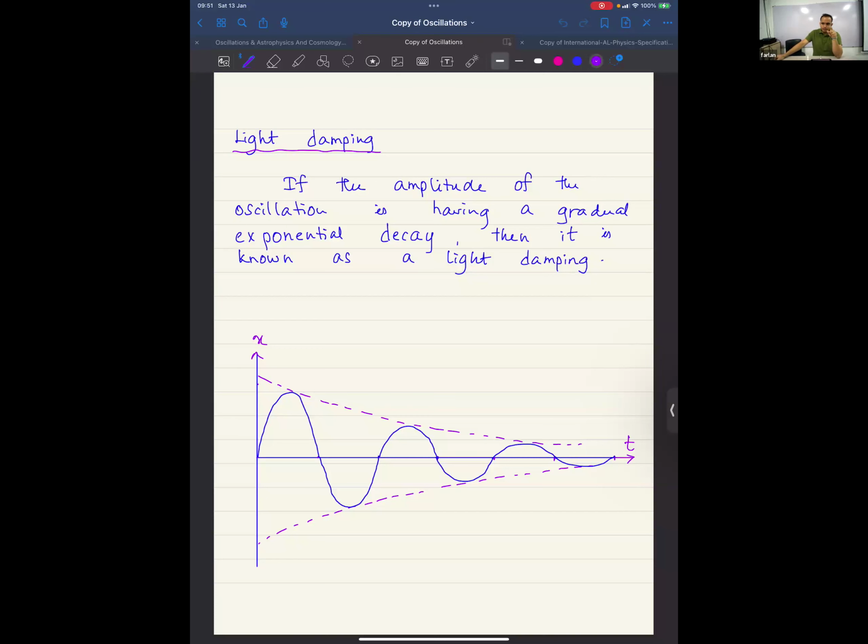In that case, the displacement will vary with time like this. You can see how the maximum displacement, the amplitude, is gradually decreasing. The amplitude has an exponential decay.